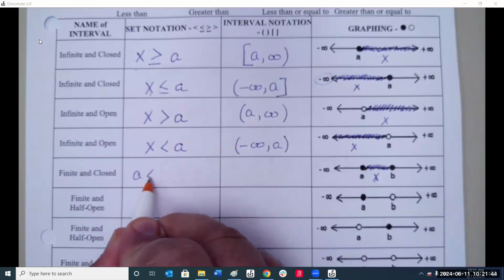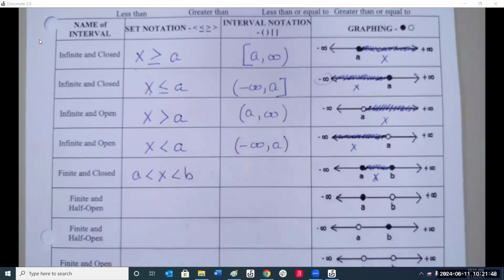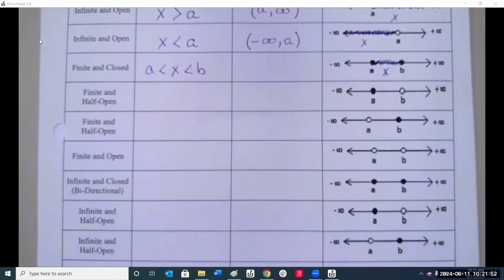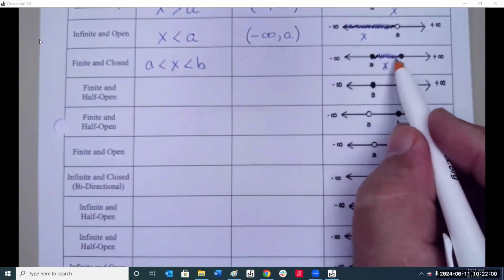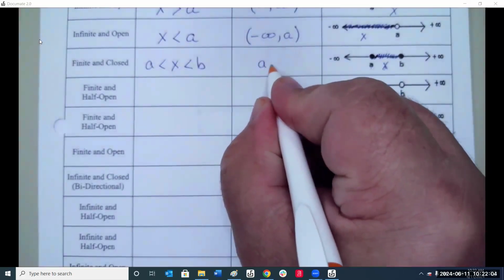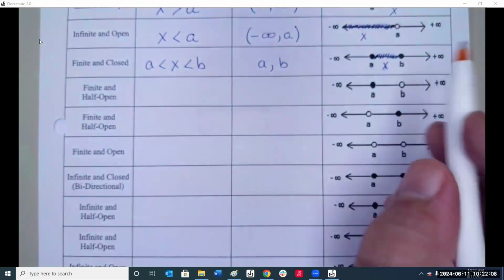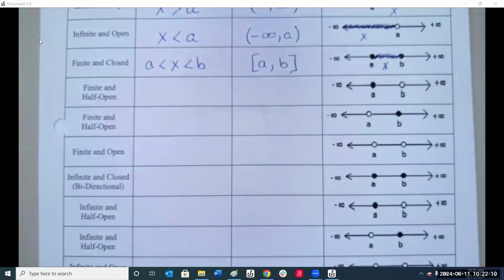So a is less than or equal to x, which is less than or equal to b. That's the set notation. In interval notation, I'm only going between a and b, so it's going from a to b, and they're both dark circles, so it's included.